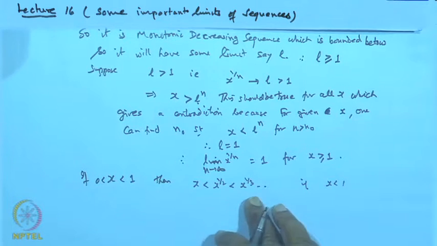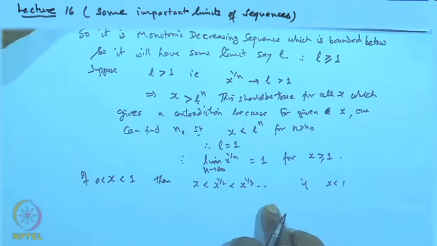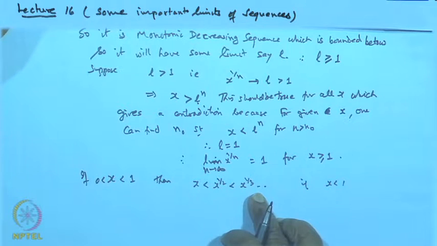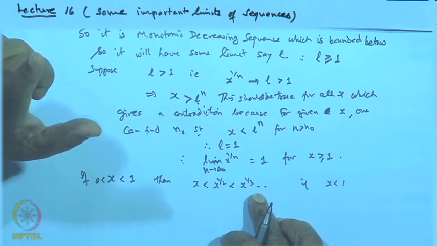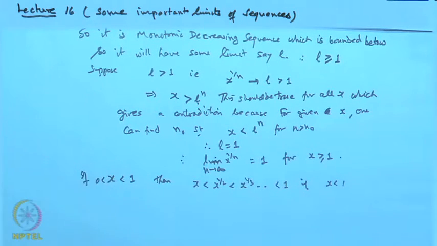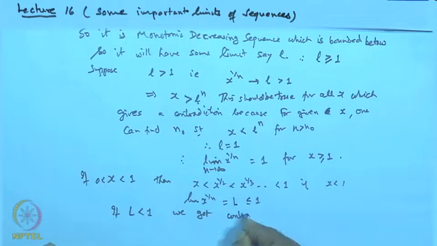And then when x is equal to 1, it is always less than 1. So, when you take the limit of x raised to the power 1 by n, suppose it is capital L, which is less than or equal to 1. But again, if L is strictly less than 1, we get a contradiction in a similar way.